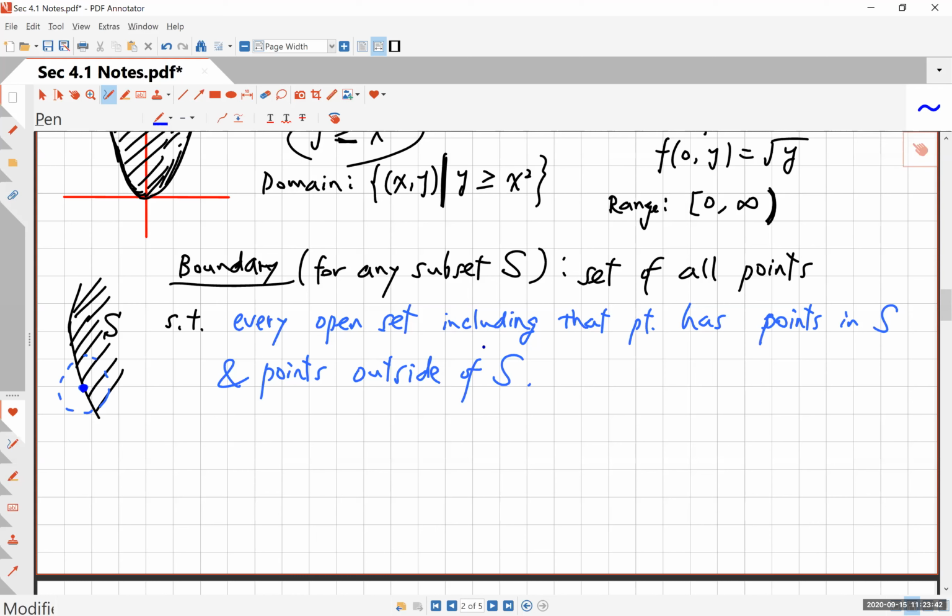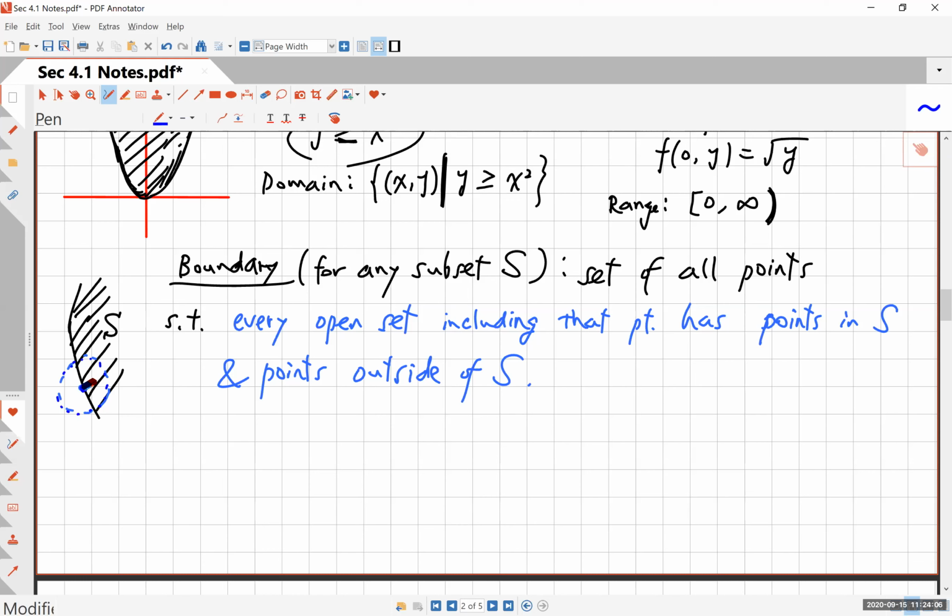Because every open set including that point, so you take any small open set including this, and by the way, this is called the neighborhood of this point, and it makes sense, right, because it looks like all the points close to it. Sometimes it's called an epsilon ball, if you think of this as the radius epsilon.